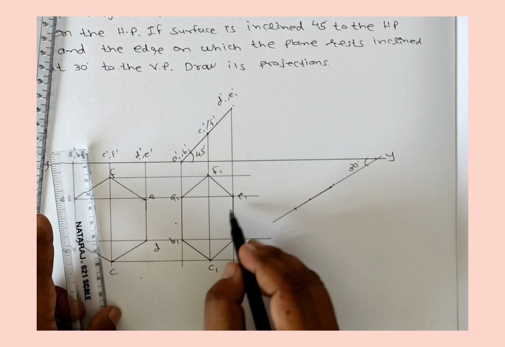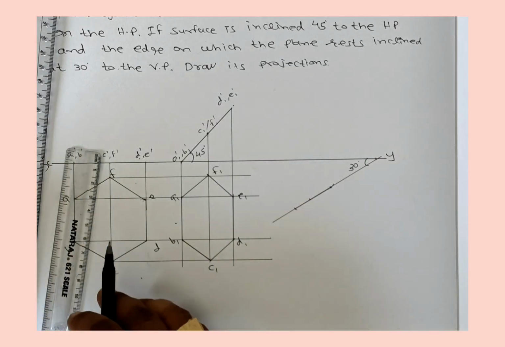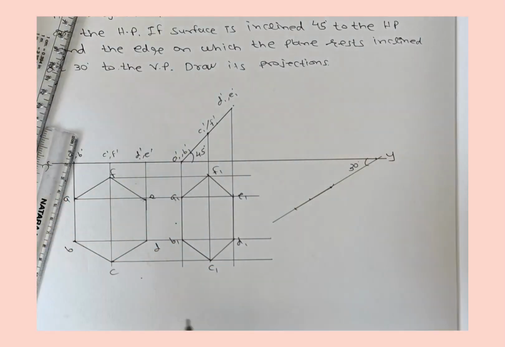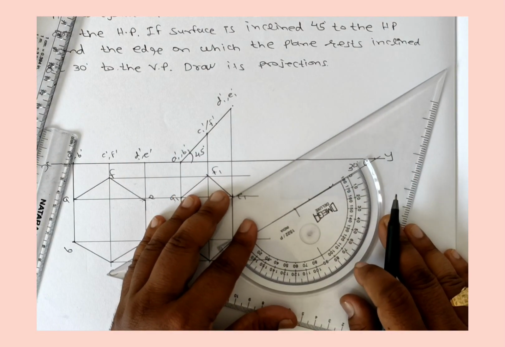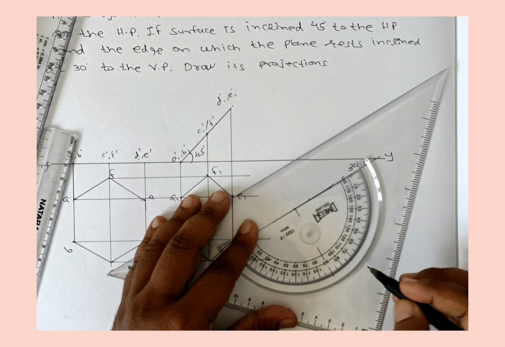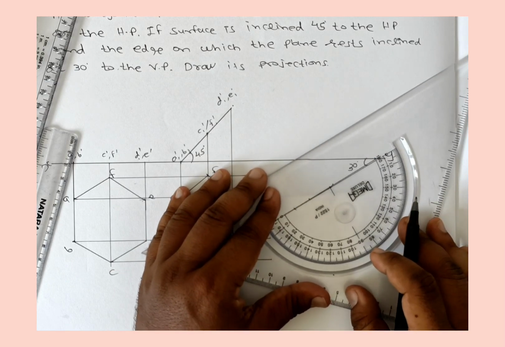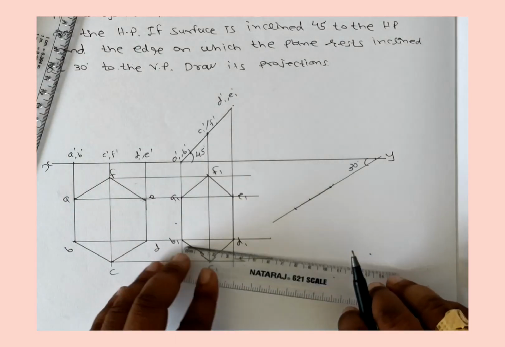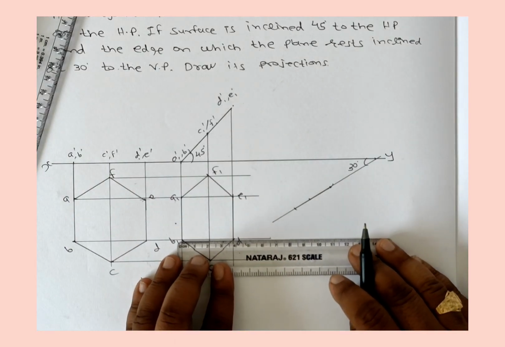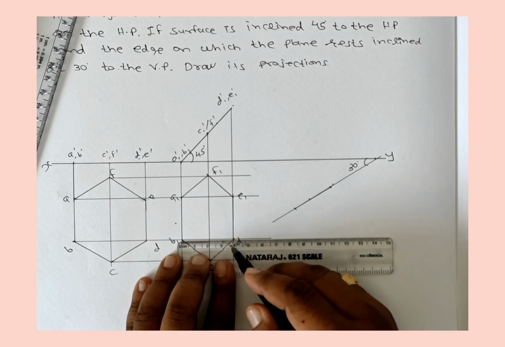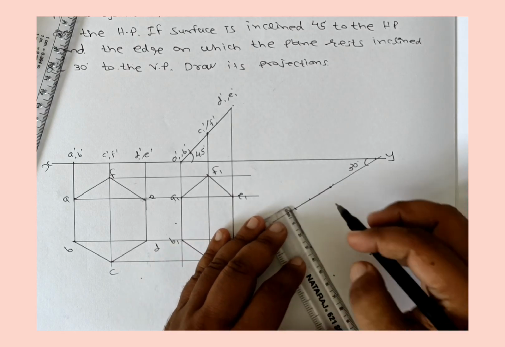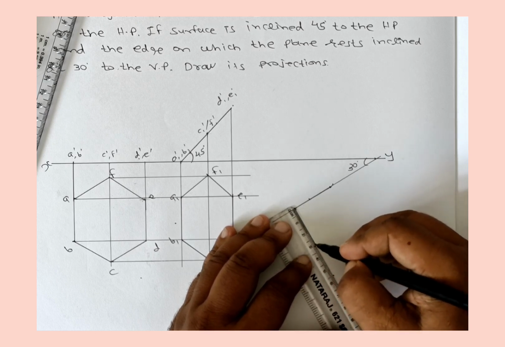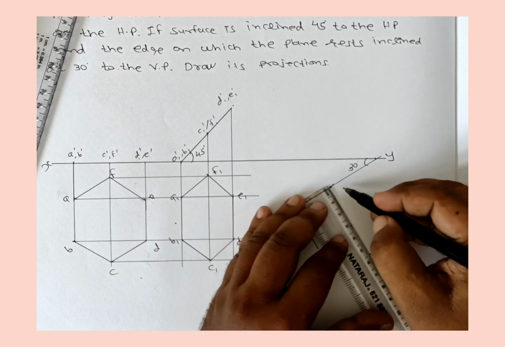Now here we can see the vertical line, so you have to draw the vertical line of it. What is the length of the vertical line? Here we can see students, this is 35, 36, 37 and 38. So from this point you can draw the 38 mm line.